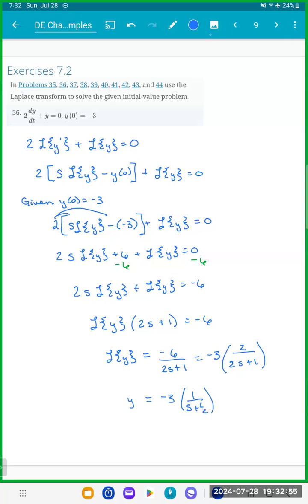The reason we do that is because this then gives us the format of rule e, where we have e to the at, where our a equals negative 1/2. So then our equation here would be y equals negative 3e to the negative t over 2, because our a is negative 1/2.